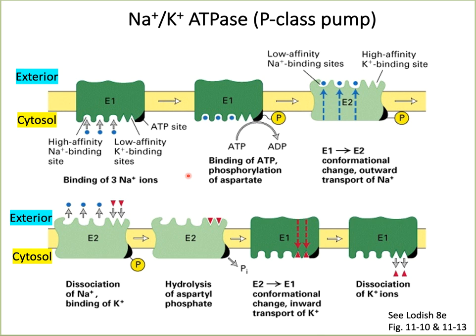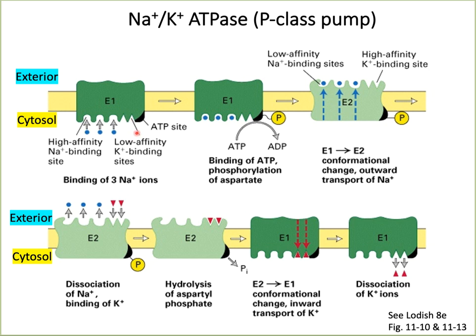So like GLUT1, this pump takes on two conformations. In this diagram, these conformations are labeled as E1 and E2. In the E1 conformation, there are 3 high-affinity sodium binding sites facing the cytosol and 2 low-affinity potassium binding sites facing the cytosol.